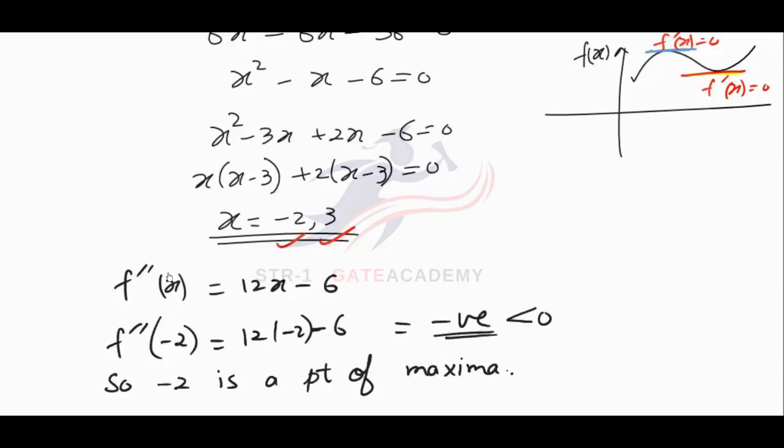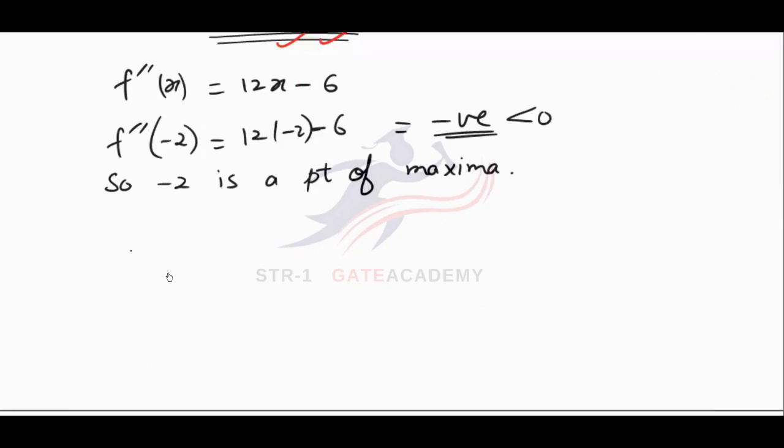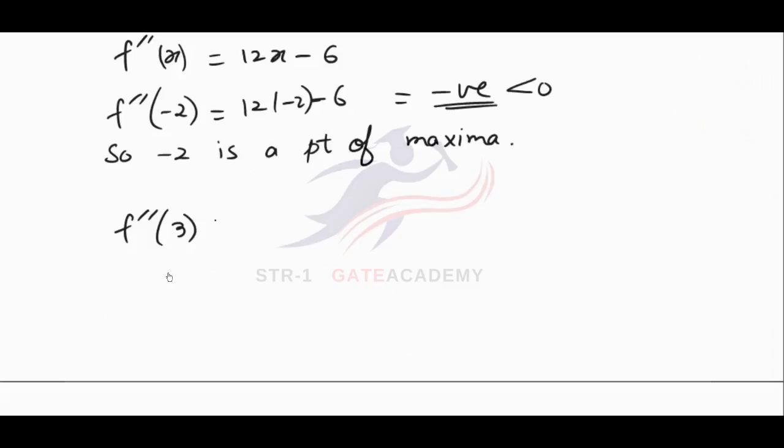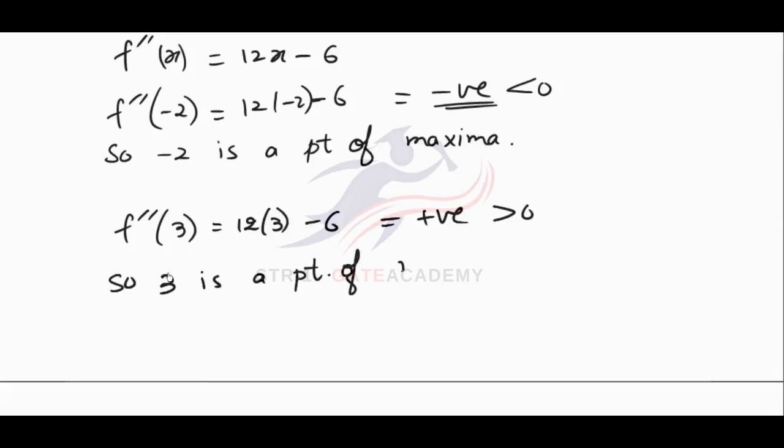What did you want? You wanted the point of maxima. Let us check f double dash of 3 now. It will become 12 into 3 minus 6, which will be a positive value. So 3 is a point of minima. So what will be our answer?